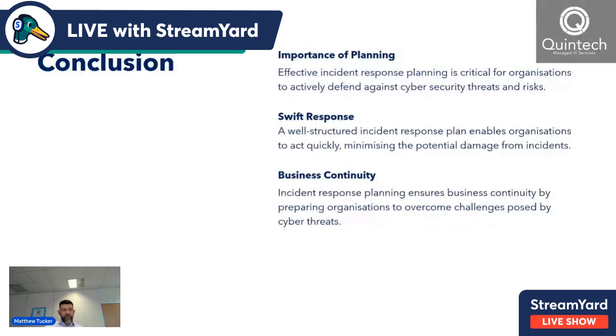Then it's for business continuity. Resource planning ensures the continuity of the business is upheld. It means that for any challenges posed by a cyber threat, we know where we're going with it and we know how to get the business back online and running.